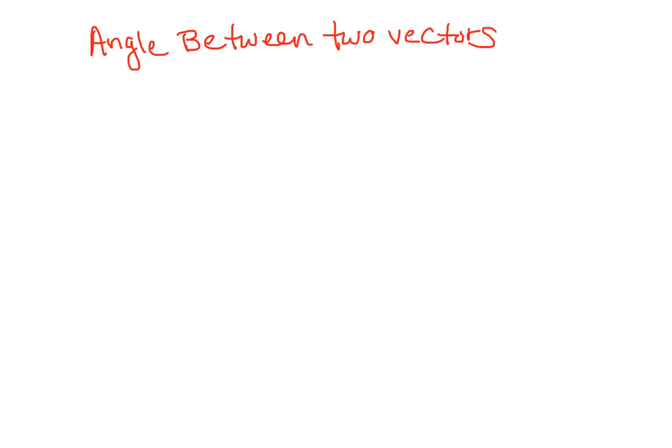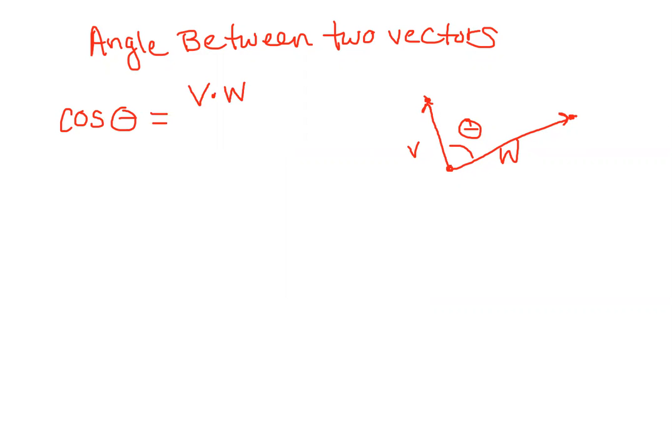So if theta is the angle between non-zero vectors v and w, so there's a picture right there. Here is v, here is w. We're looking for this angle right here. The formula for that is cosine of theta equals the dot product of v and w divided by the magnitude of v times the magnitude of w.